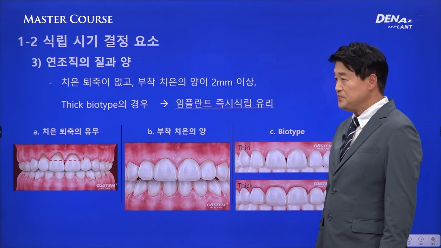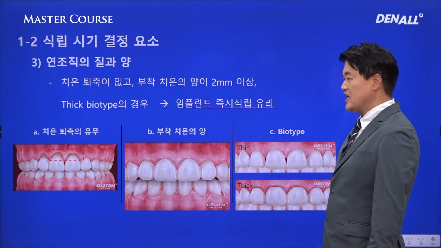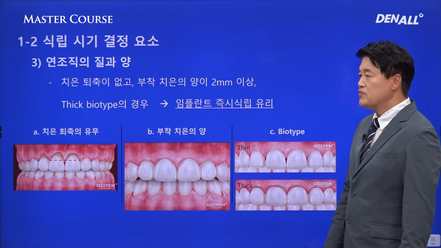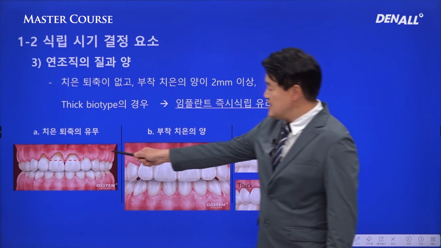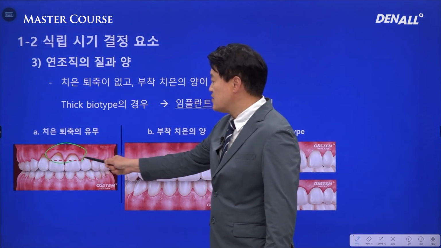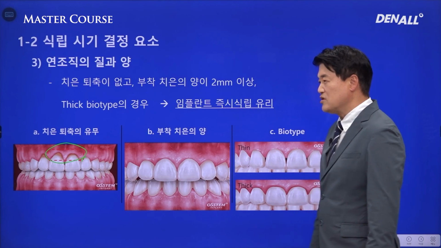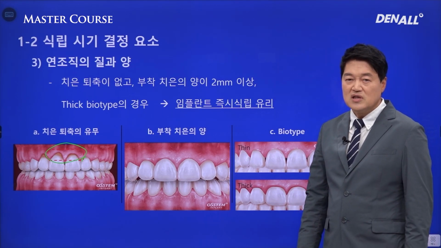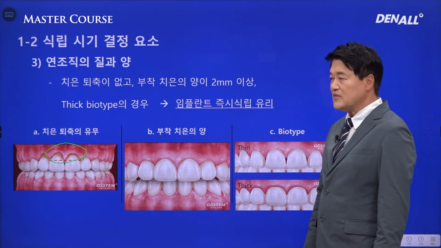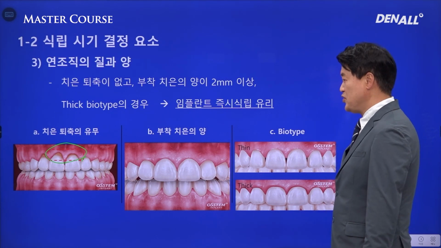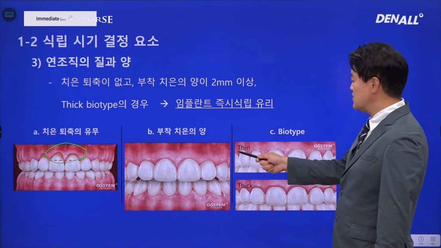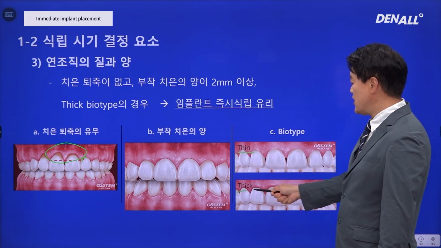Third is the amount of soft tissue and the quality of it. If there's no soft tissue atrophy and if there's over 2 millimeters of keratinized tissue, it'll be good, but if such criteria cannot be met, delayed implant placement should be considered more so than thin biotype.